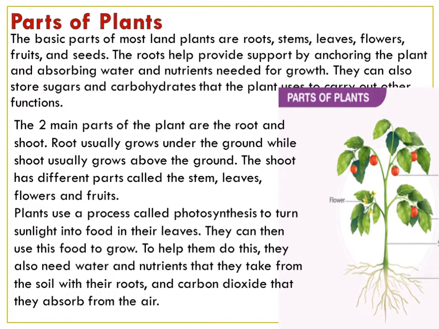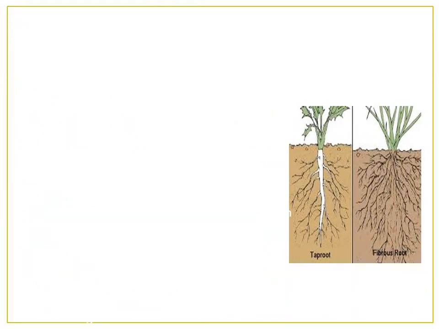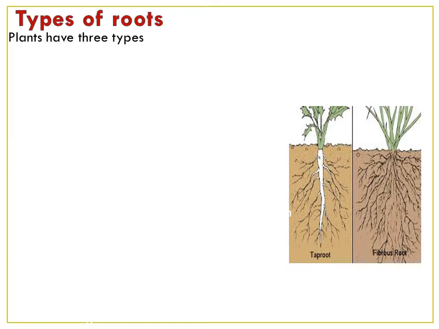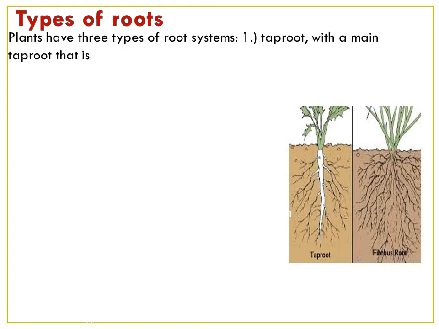Is it clear? Now the types of roots. How many types of roots are there? There are two types of roots: taproot and fibrous roots. One more is there. The third type is adventitious roots.